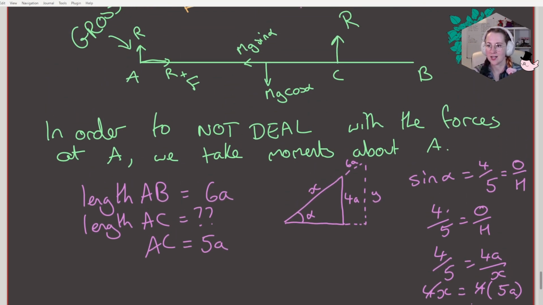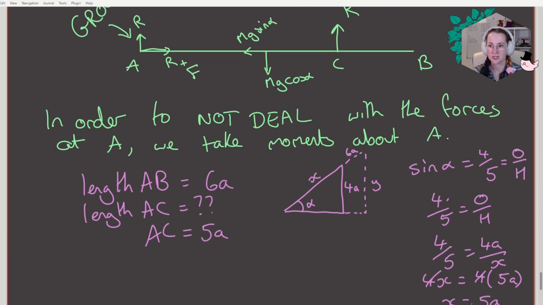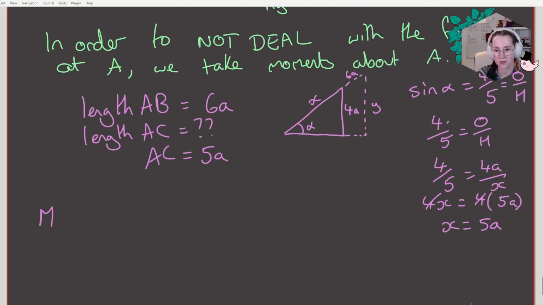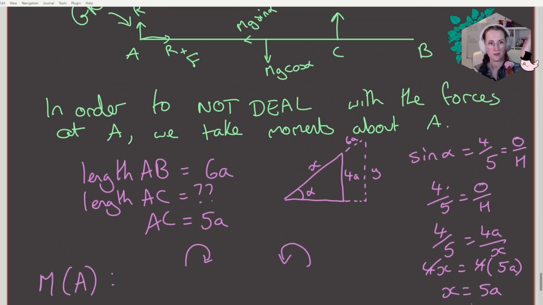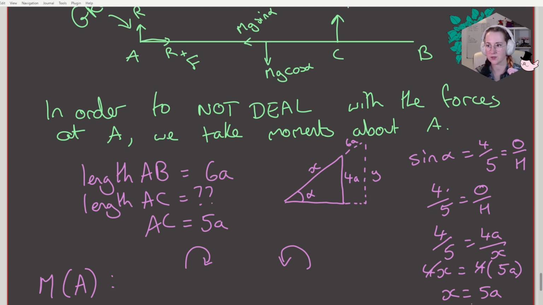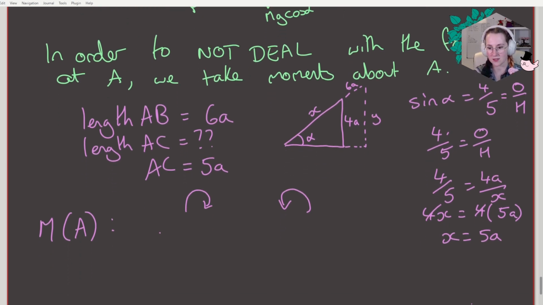So that gives us our distances. We know all our forces. Let's compute them. So the moments about A, we know it's in equilibrium, so they're equal to each other. So looking clockwise first is our gravity term. So the distance here is half the length, 3a, times the force, mg.